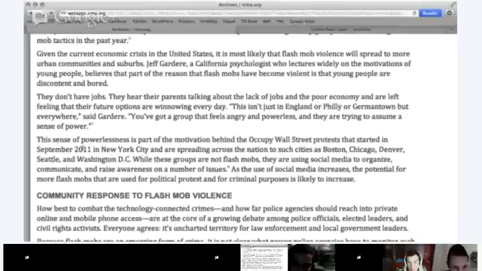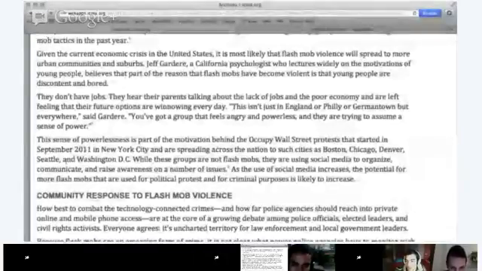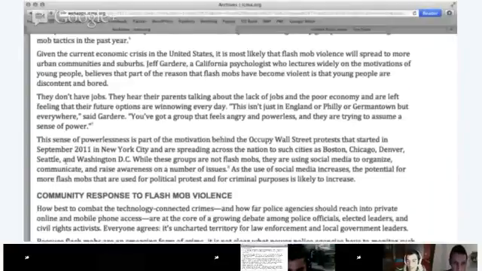This sense of powerlessness is part of the motivation behind the Occupy Wall Street protest that starts in September 2011 in New York City and is spreading across the nation to such cities as Boston, Chicago, Denver, Seattle, and Washington, D.C. While these groups are not flash mobs, they are using social media to organize, communicate, and raise awareness on a number of issues.